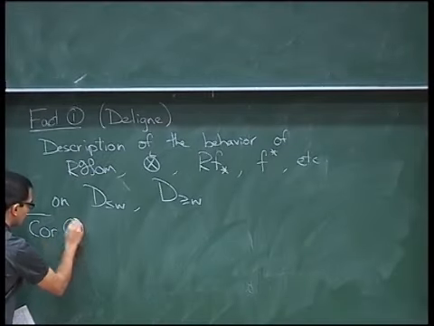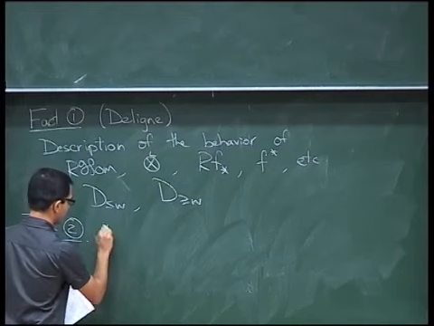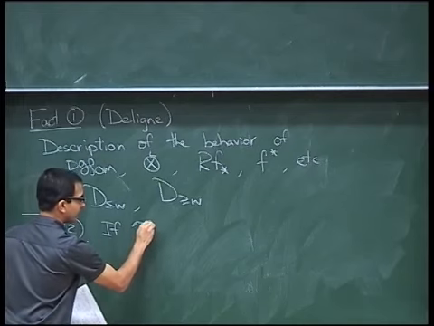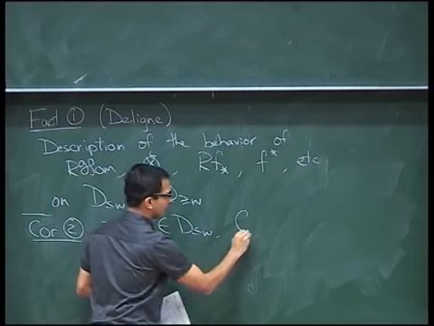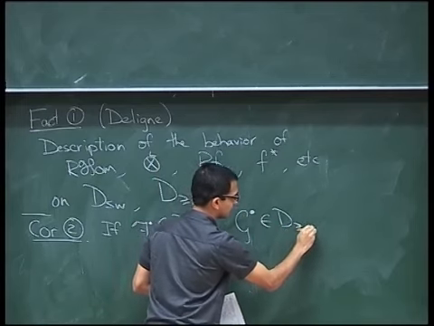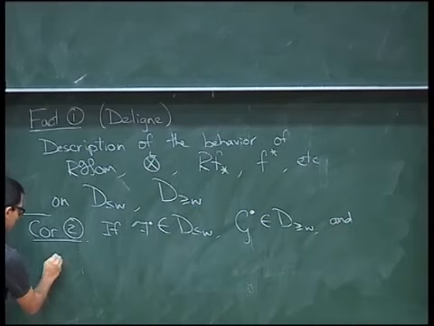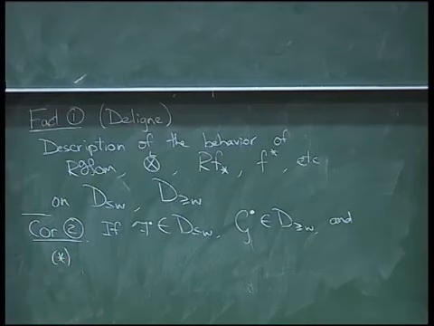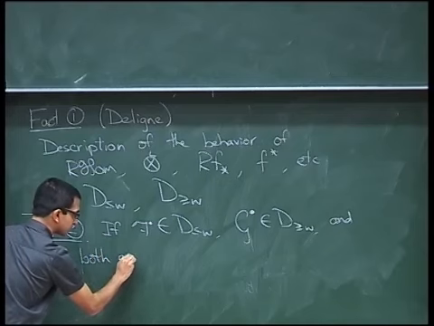So the next thing, which I'll call corollary 2, is that if F has weights less than or equal to W, and G has weights greater than or equal to W, and let me put a star here, I'm going to add an extra condition, and both are actually perverse sheaves.